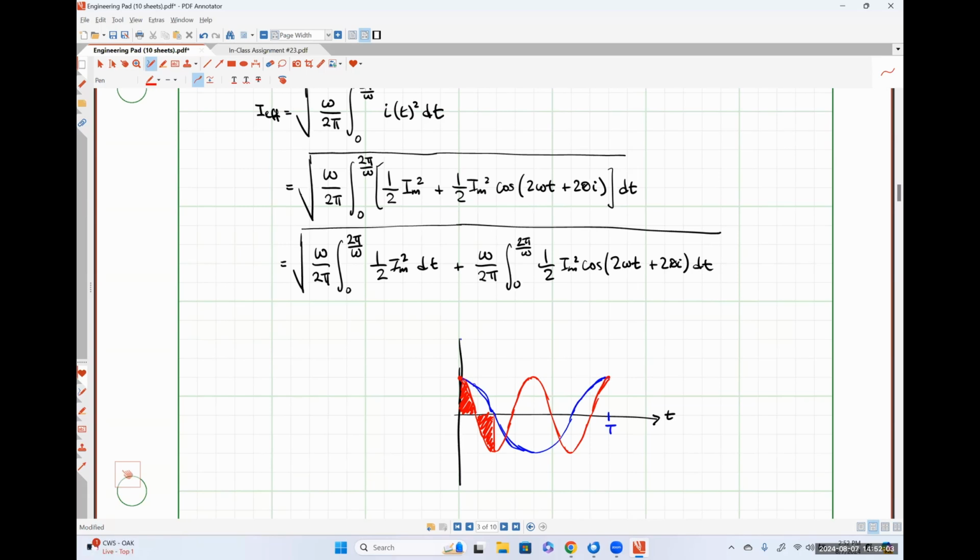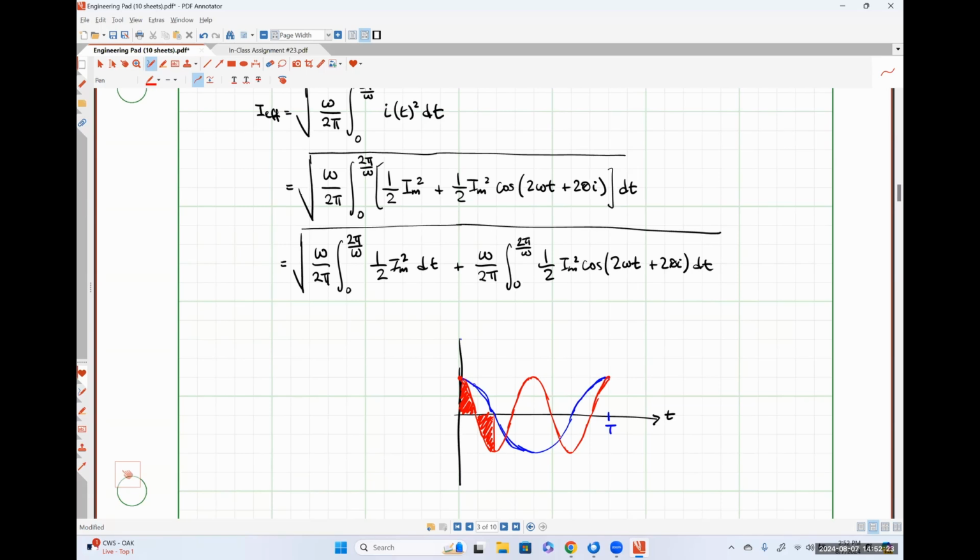Notice that one is above the horizontal axis and one is below the horizontal axis. You would get the same area as that area of the blue sinusoidal above the horizontal axis.